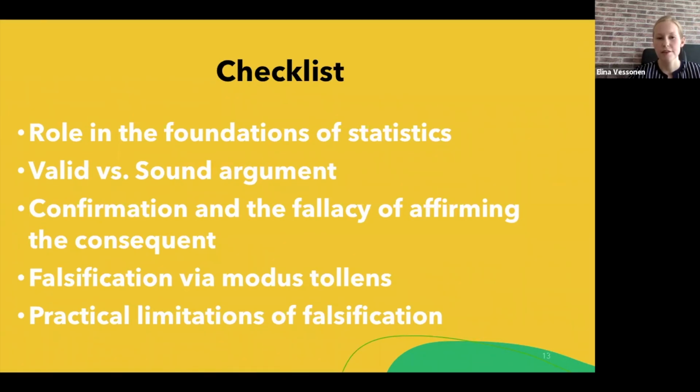So confirmation has some problems, but falsification is in principle possible by means of deductive reasoning. And the argument form that falsification takes is called modus tollens. So if you want to know more about falsification, then you should look at modus tollens, among other things.